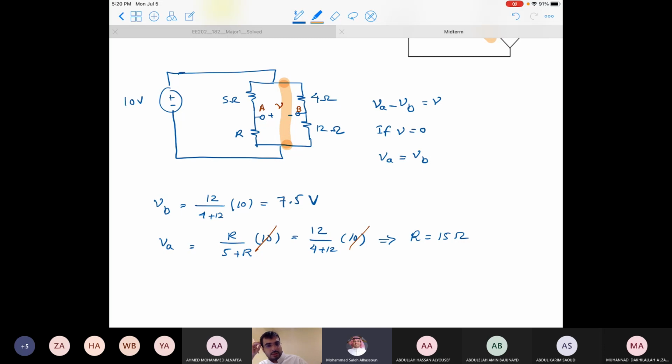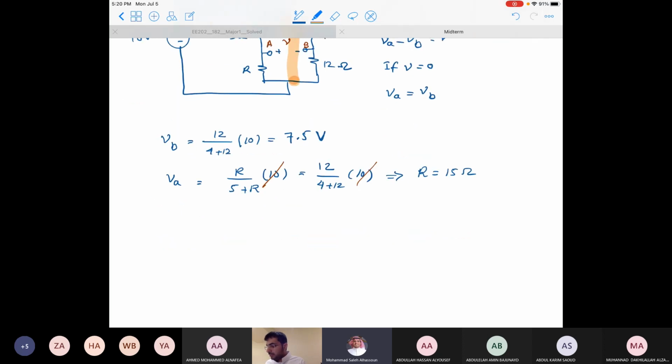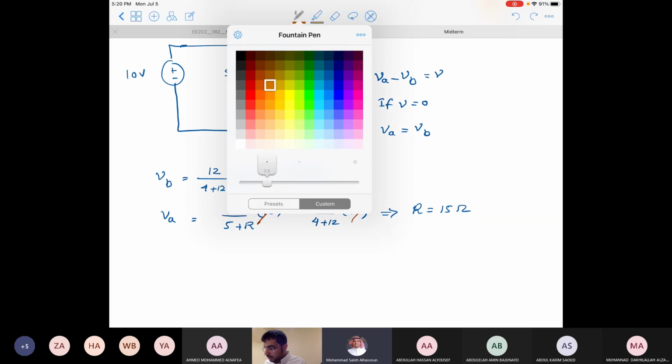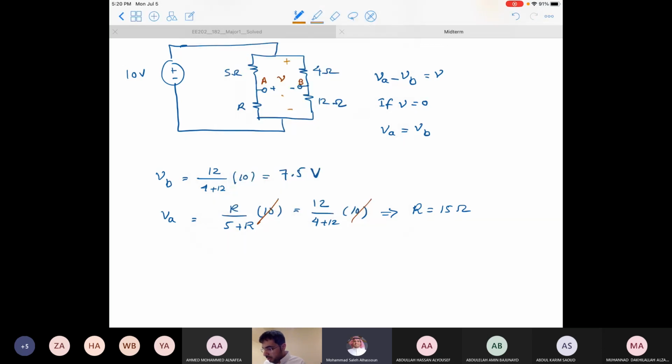Right. Think about it this way. If voltage divider law is derived from KVL and Ohm's law, so the voltage from here to here is equal to 10.